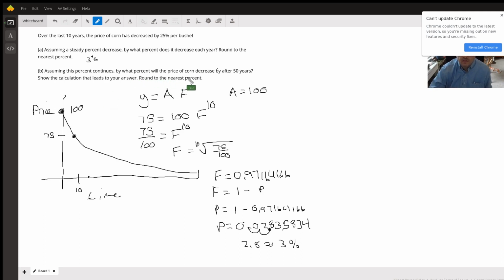Now, they say, by what percent will the price of corn decrease after 50 years? So after 50 years, we're going to get some value for the price of our corn, and remember, this is the price of our corn. And then once we know that, we can calculate the decrease. So we know our initial value, and we know our growth factor now, and we know the time is going to be 50.